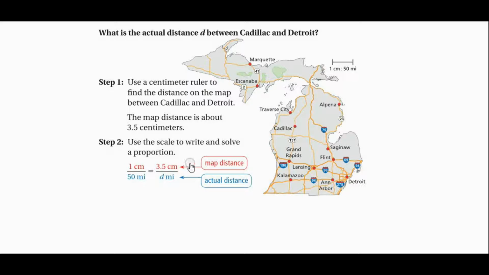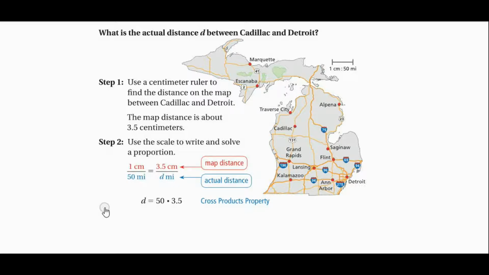So for every 1 centimeter, there are 50 miles on the map. We know that the map distance is 3.5 centimeters, so we're going to put that on the top here on the right side of our proportion. And our unknown is the actual distance. Again, the drawing measurement over the actual, and on this side, the drawing measurement over the actual.